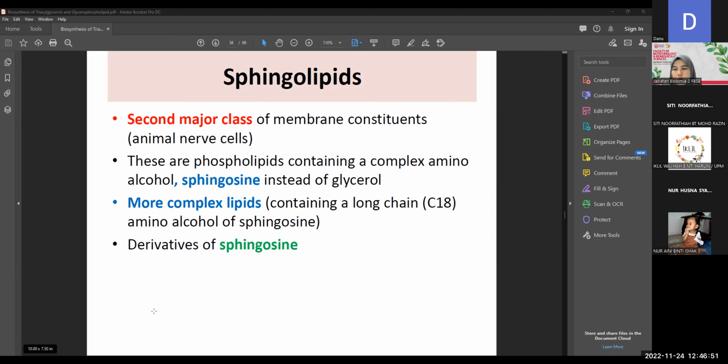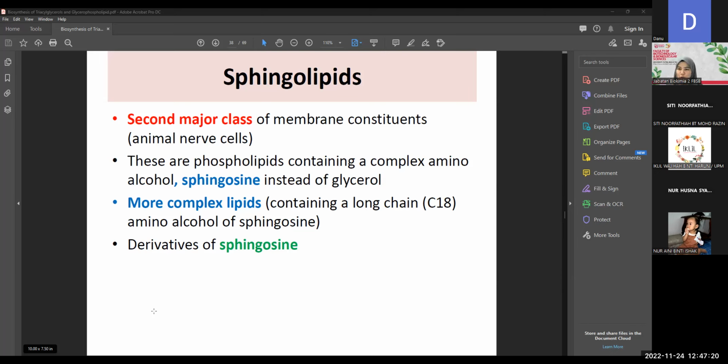Kita dah discuss on glycerolipid, glycerophospholipid, on the synthesis of phosphatidylethanolamine, choline, serine, inositol, and also phosphatidylglycerol. So now let's move to sphingolipid.